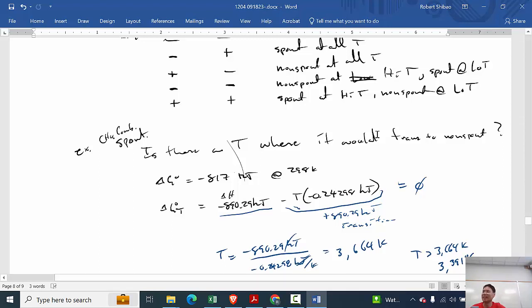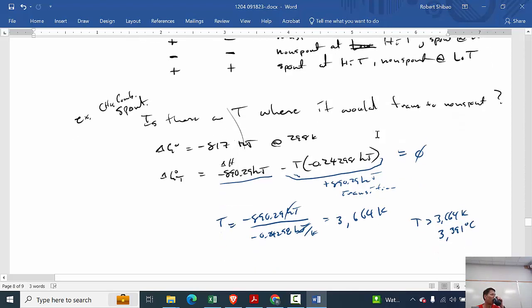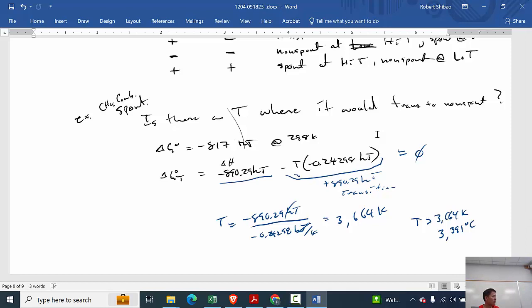3,000 degrees C. Is that a very feasible temperature? No, this is a very high temperature, so it doesn't really seem feasible.